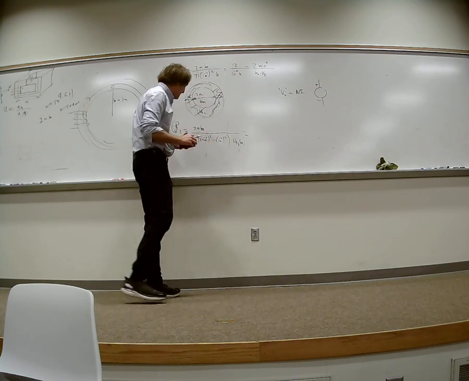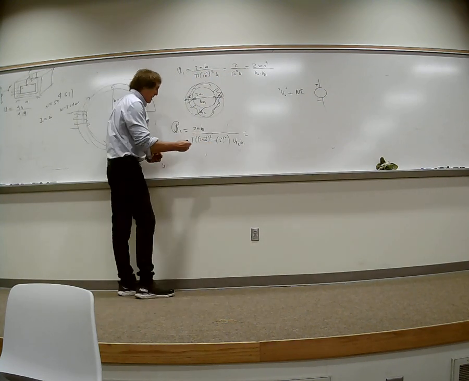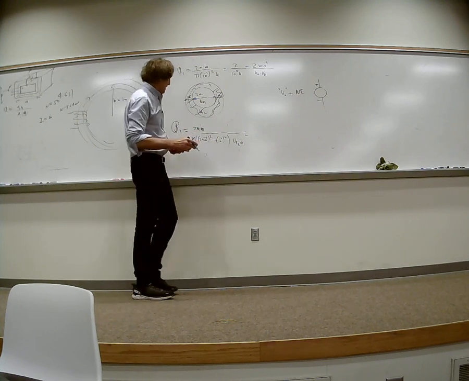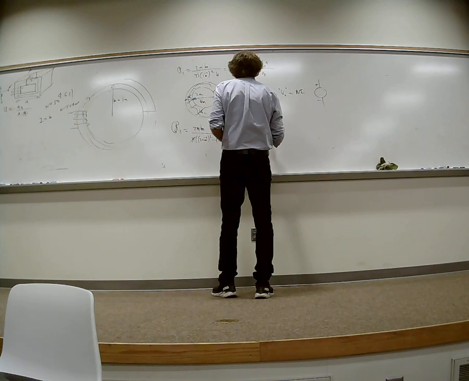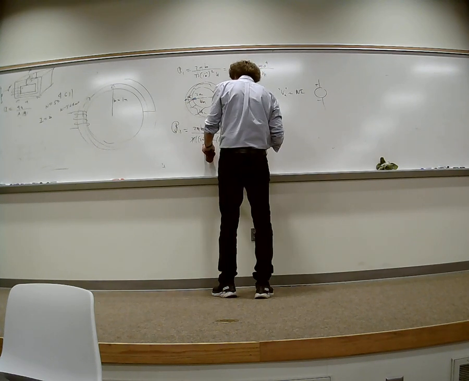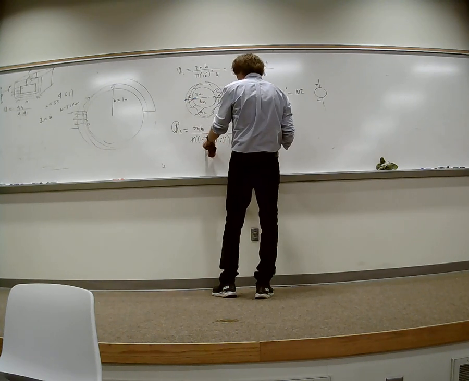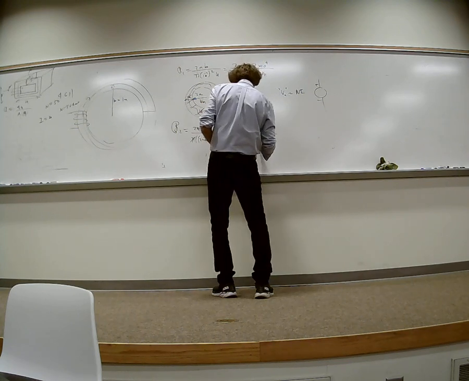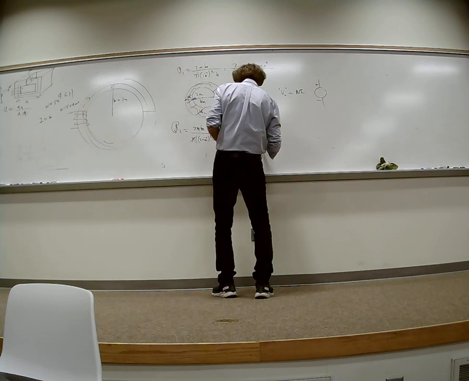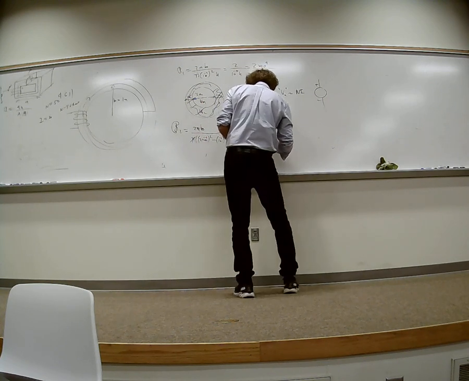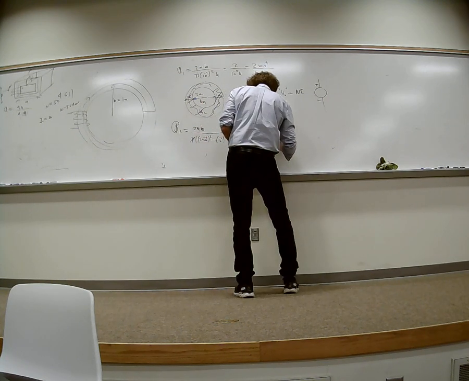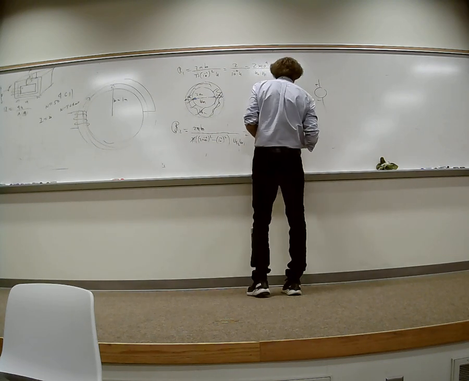So after all is said and done, the pi's will cancel, and I have 2 over 4 minus 1, or 3, times 10 to the minus 4th, times mu relative 2 times mu naught. And that would be the reluctance R2.